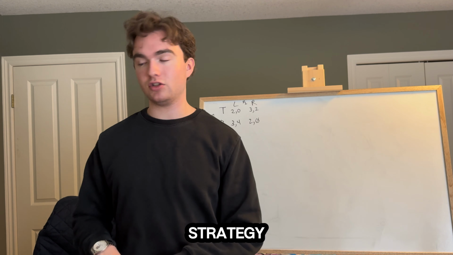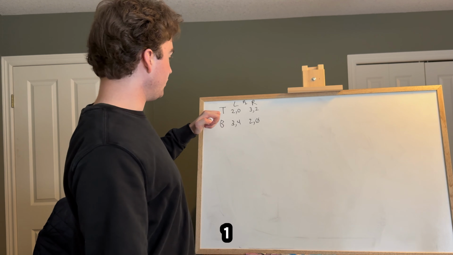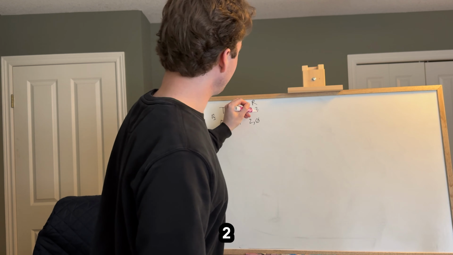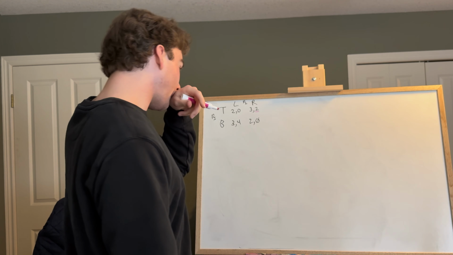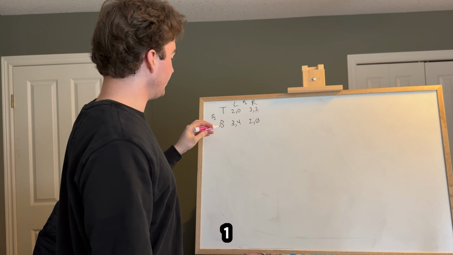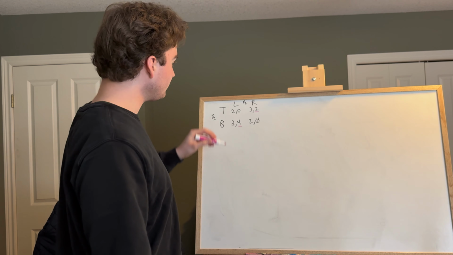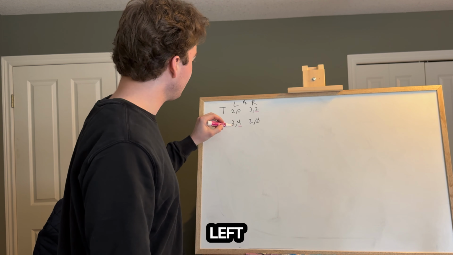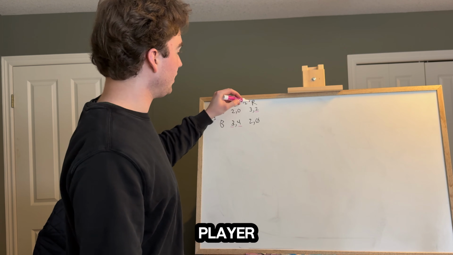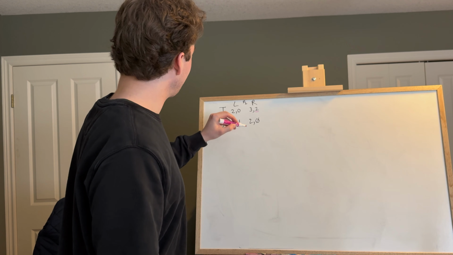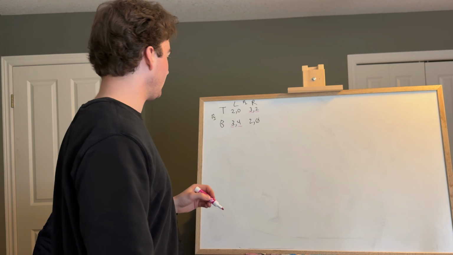All right, so when player 1 chooses top, player 2 is choosing right. When player 1 is choosing bottom, player 2 is choosing left. When player 2 is choosing left, player 1 is choosing bottom. When player 2 is choosing right, player 1 is choosing top.